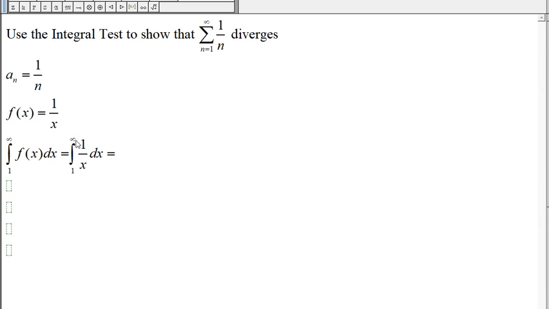And for this type of improper integral, we normally write it like this: let b approach infinity, and change the upper limit to b. It would be the same thing. We use b for the upper limit of integration.